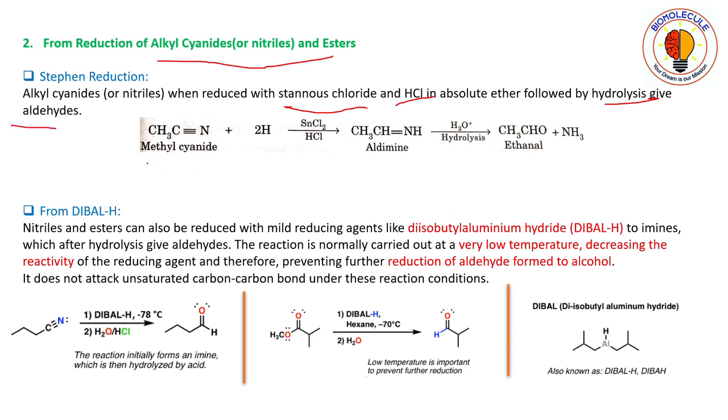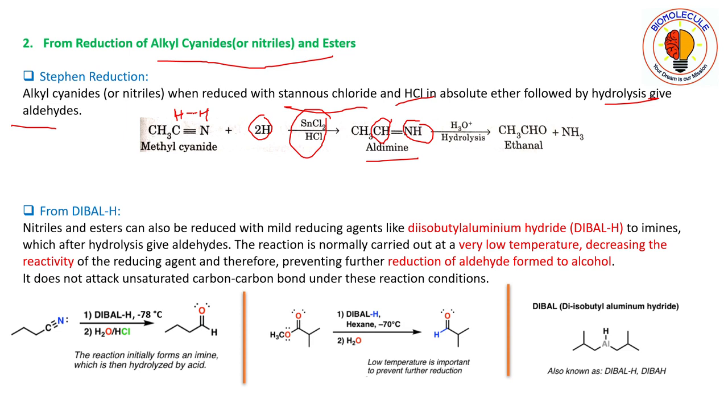This one is methyl cyanide, being reduced with stannous chloride in HCl. We are getting aldimine. You just add one hydrogen to carbon and nitrogen. See here, CH3 CN becomes CH3 CH=NH.